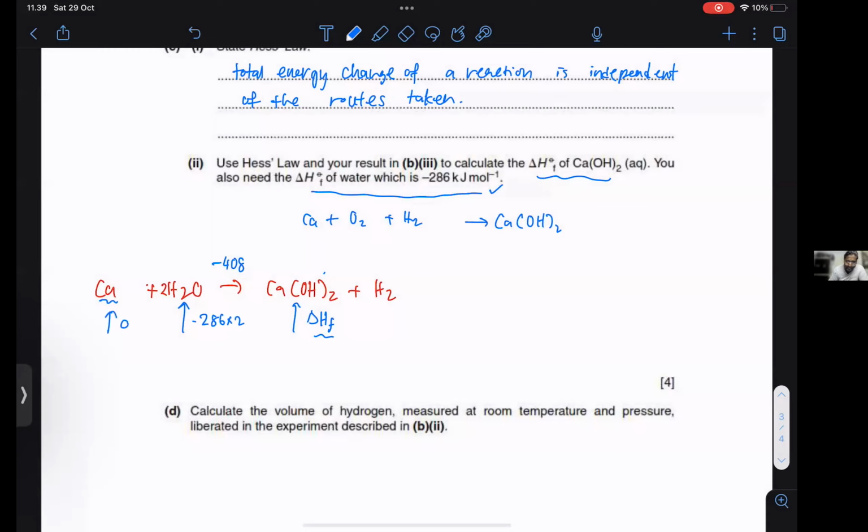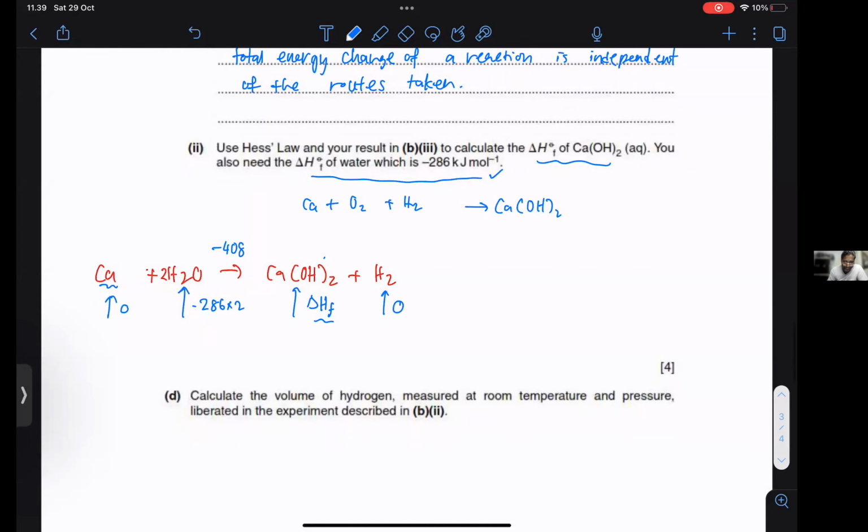You do not need this. Calcium is 0. Hydrogen gas is 0. So clockwise equals anti-clockwise. So 0 plus negative 286 times 2, plus negative 408, equals the enthalpy change of formation plus 0.